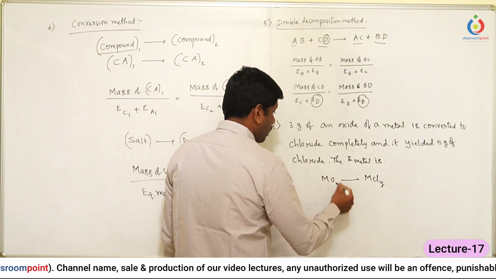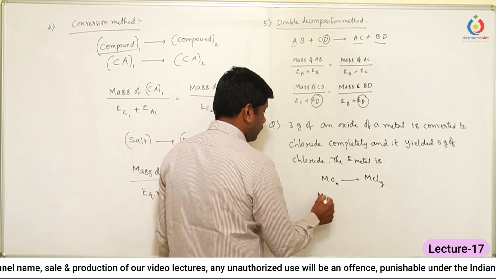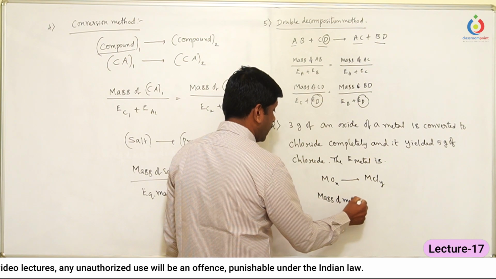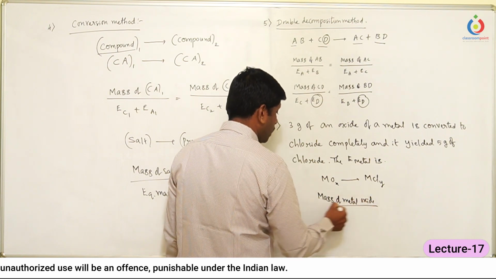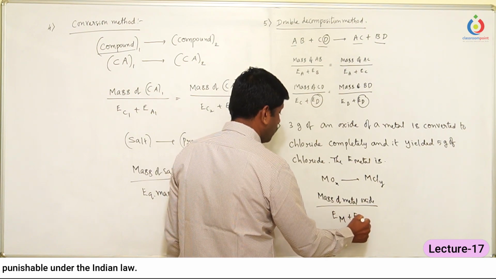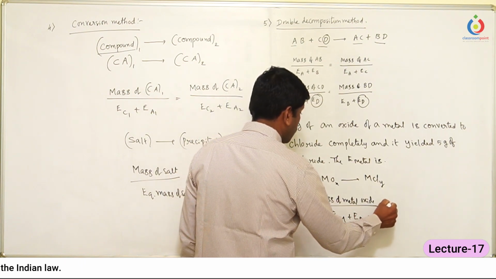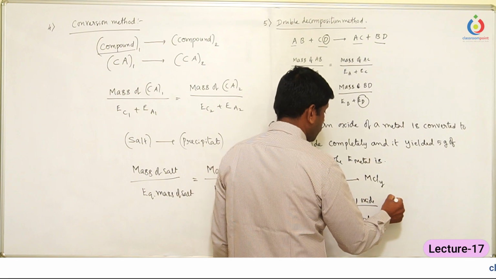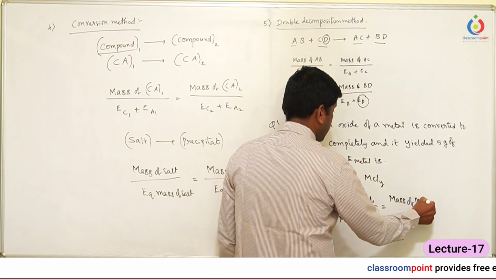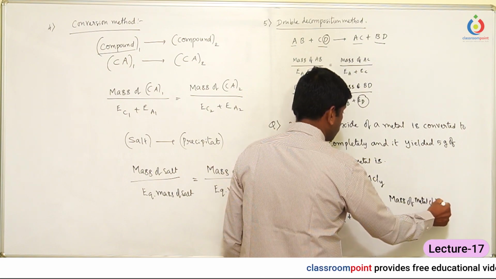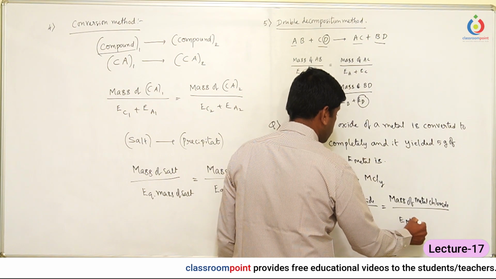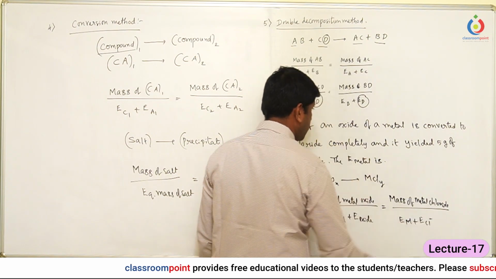So here the mass of metal oxide divided by the equivalent mass of the metal plus the equivalent mass of the oxide ion equals the mass of metal chloride divided by the equivalent mass of the metal plus the equivalent mass of the Cl minus ion.